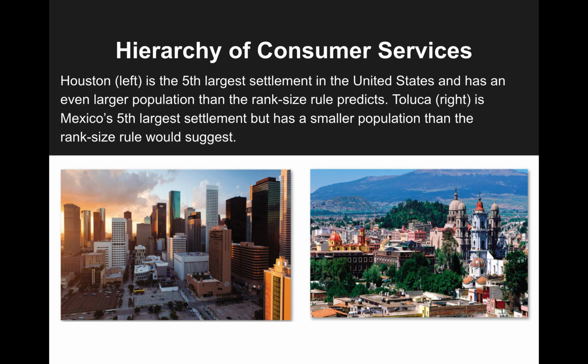Here we can look left at Houston, and we can see that Houston, the 5th largest settlement, has a larger population than the rank size rule predicts. And then on the right, Toluca, Mexico's fifth largest city, has a similar population to what the rank size rule would suggest.